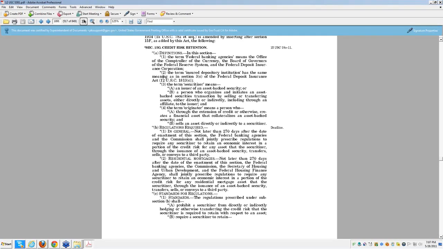So a securitizer means an issuer of an asset-backed security, or B, a person who organizes and initiates an asset-backed security transaction by selling or transferring assets either directly or indirectly, including through an affiliate, to the issuer.